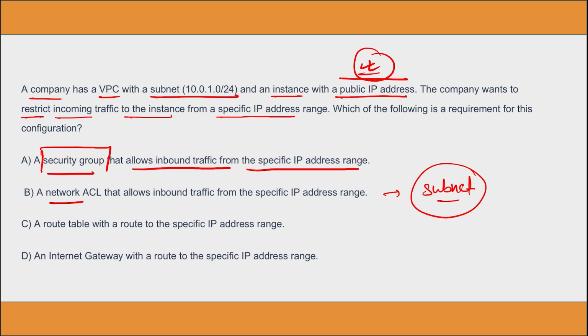Route tables are required when there is a private IP address and then we want to access the internet, correct? Then an internet gateway, as we saw, is not required, as internet gateways are used for communication with the internet and not for restricting the incoming traffic.